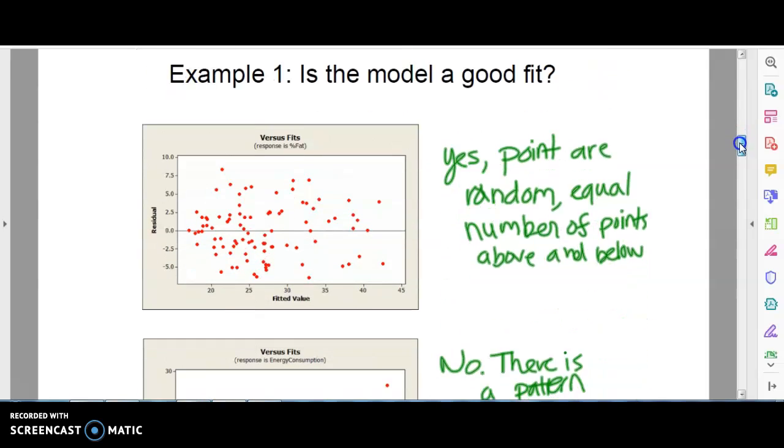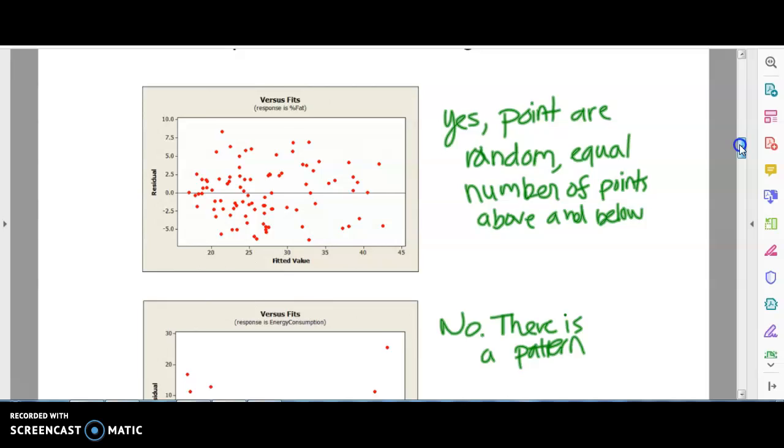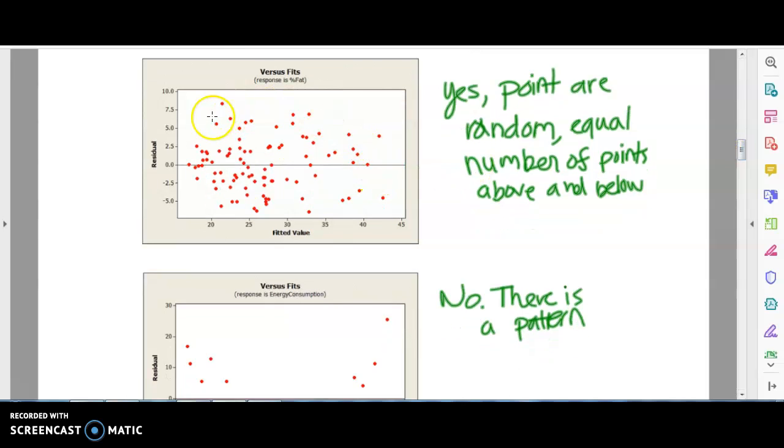Looking at a couple of examples here, is the model a good fit? Look at this one here. Just by taking a quick look at it, we can see it is random. There's no U pattern or inverted U pattern. The other thing we want to look at is, do we have an equal number of points above and below?